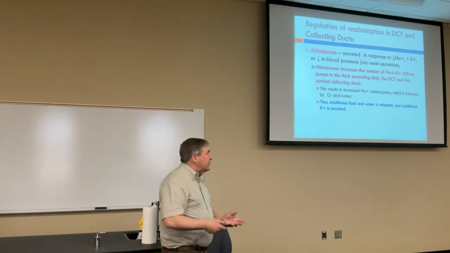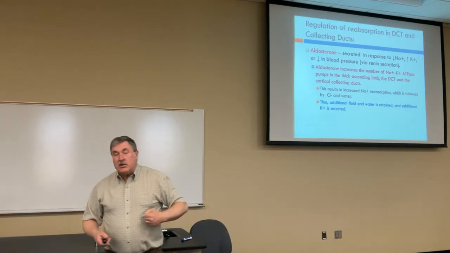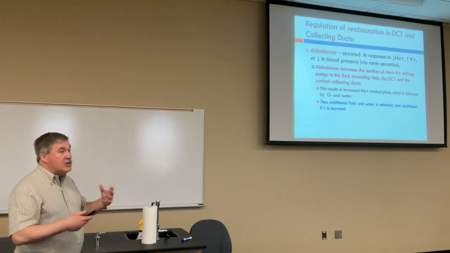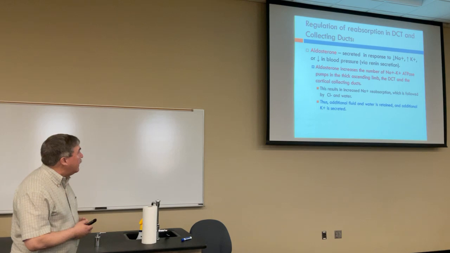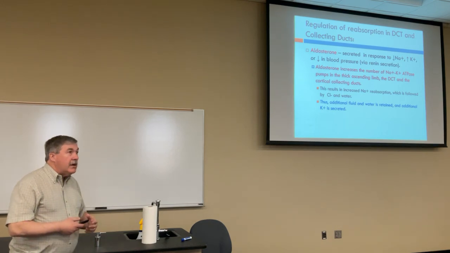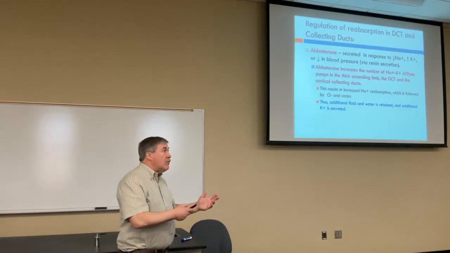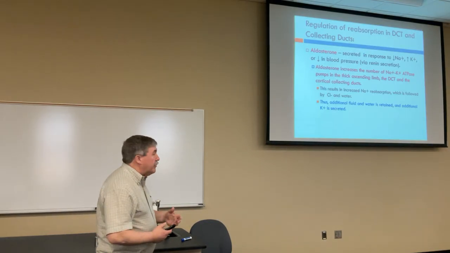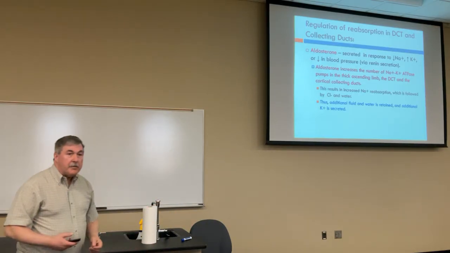With less angiotensin 2, you have less aldosterone secretion, and so you won't get as much sodium reabsorbed. And less water will be reabsorbed. Okay. And so that will result, if you reabsorb less water, then more water gets excreted in the urine, and that will bring your blood volume back down, and that will help to lower blood pressure.